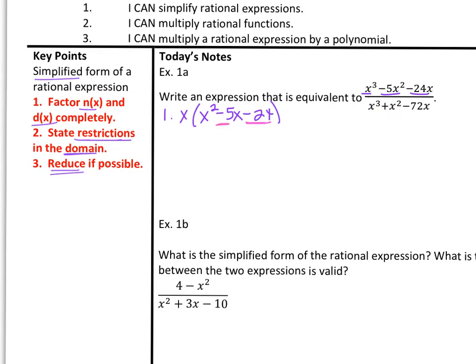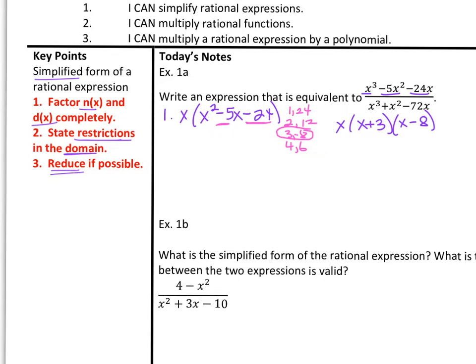Numbers that go into 24, we could do 1 and 24, 2 and 12, 3 and 8, or 4 and 6. Let's see which pair seems to make sense. If we take the 3 and the 8 and we make the 8 negative, they would add to get negative 5 in the middle, and they'd multiply to get negative 24. So that means we're going to have x times x plus 3 times x minus 8. That's the factored form for n of x.